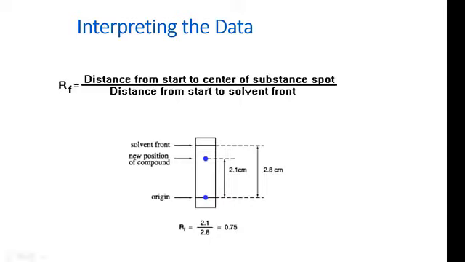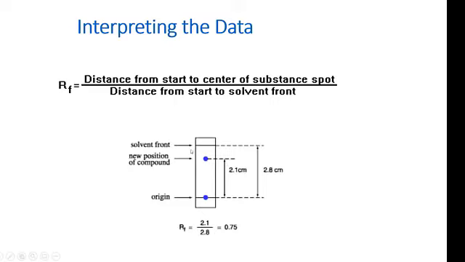So what is the formula to calculate the RF value? It is the distance from start to the center of the spot divided by the distance from start to solvent front. As you can see here in this picture, this is the spot. It traveled from the origin 2.1 centimeter.